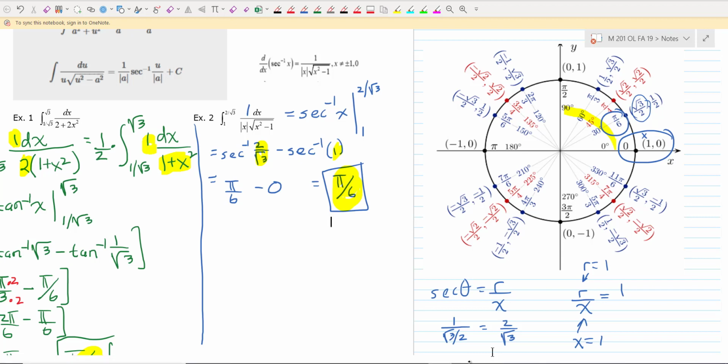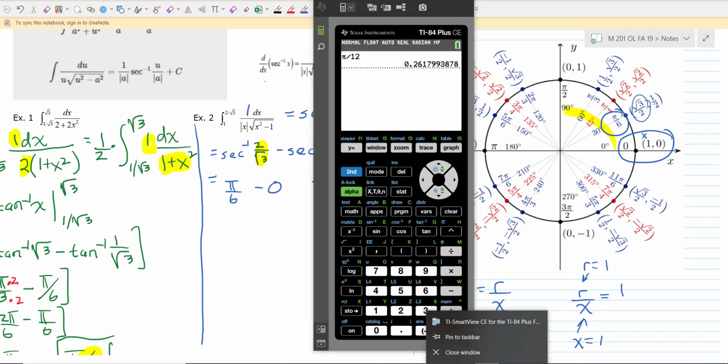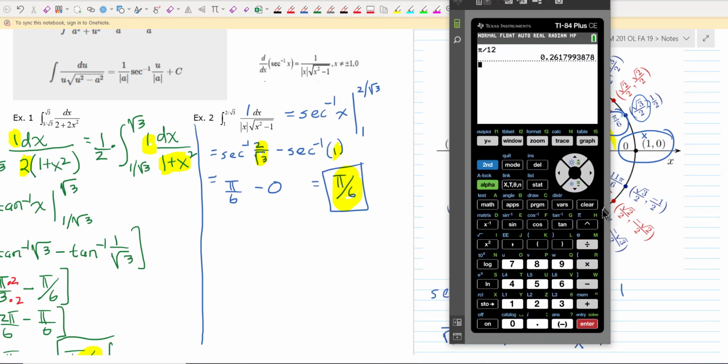Now I'll go ahead and check this real quick on the calculator. You can bypass this if you want to and move forward if you'd like. But it's worth going through, and I am going to do this on the definite integrals on this section. There's a few more we'll probably look at. So we would graph like this, 1 divided by, and for the absolute value, you have to go math, number, ABS, like that.